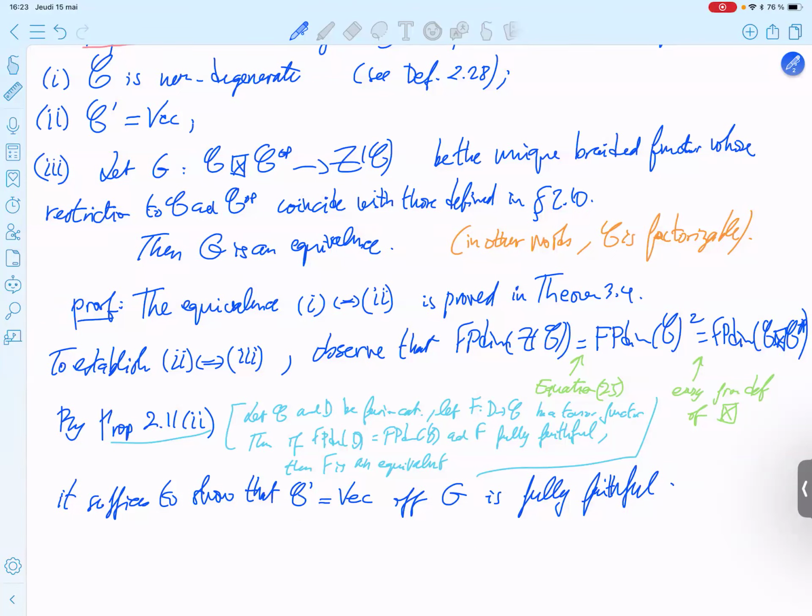Consider the tensor functor F from D1 Deligne tensor product D2 to C, where the restriction to Di is the natural embedding of Di into C. Then F is fully faithful if and only if the intersection of D1 and D2 is Vec. So in our case, the fully faithfulness is equivalent to the intersection. So it is equivalent to C intersect C prime equal to Vec. But here, C is a fusion category, so it's just equivalent to say that C prime is equal to Vec.